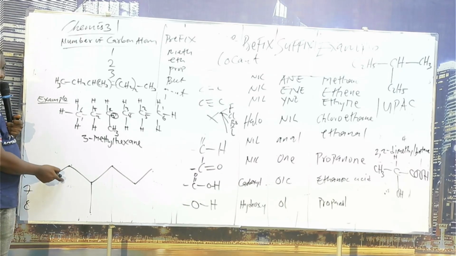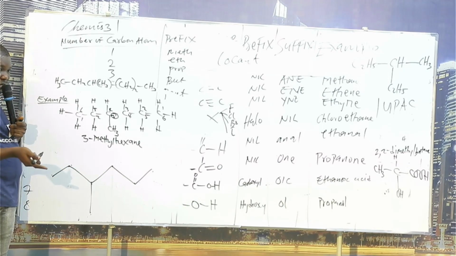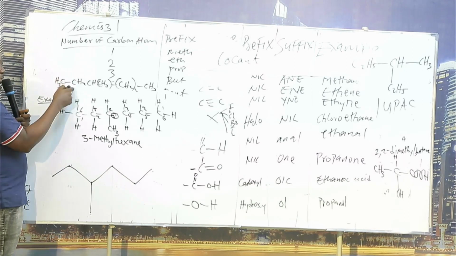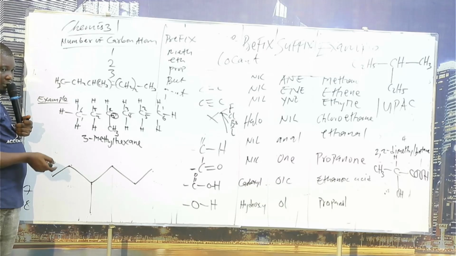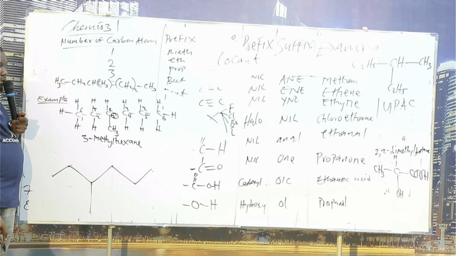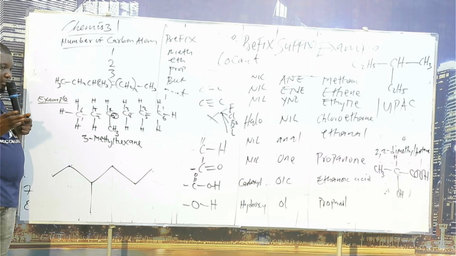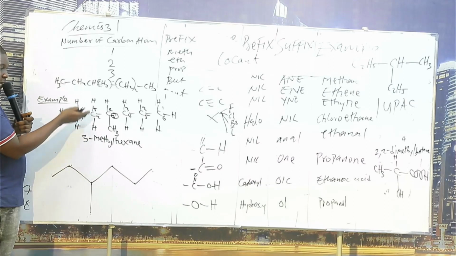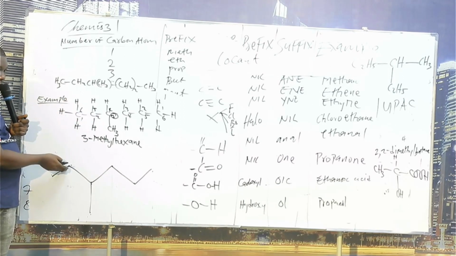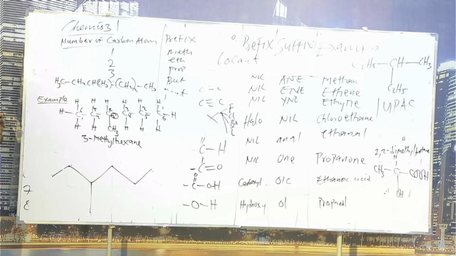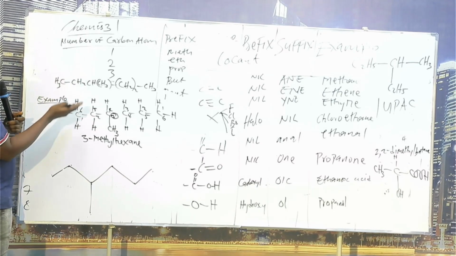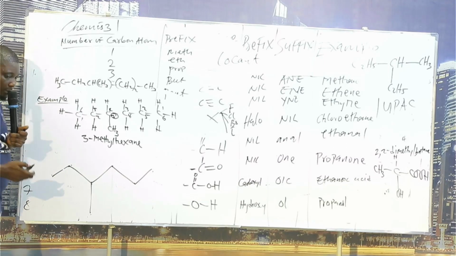Skeletal. Skeletal is if you omit some important atoms like carbon and hydrogen. Which structure is this? Condensed. Condensed is if you collapse some bonds and bring the atoms closer to each other. This is the condensed structure for this compound. Actual structure, condensed structure, and skeletal structure. Are you there? What do you call this? Condensed, actual, skeletal.